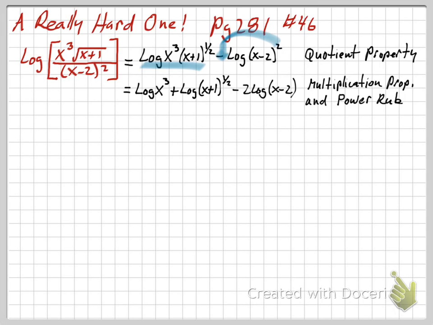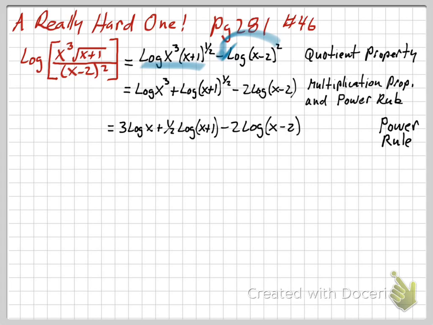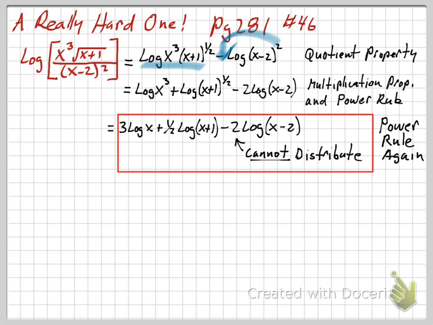On this guy, I use my power rule. Okay, and these guys can use some power ruling. And don't try to distribute that 2. Doesn't work. Okay, so I'm able to use my power rule again. I cannot distribute that 2. And then we're done. Really not so hard.